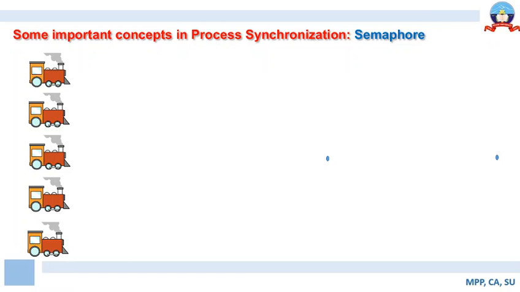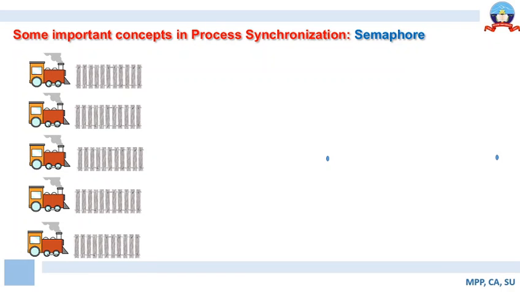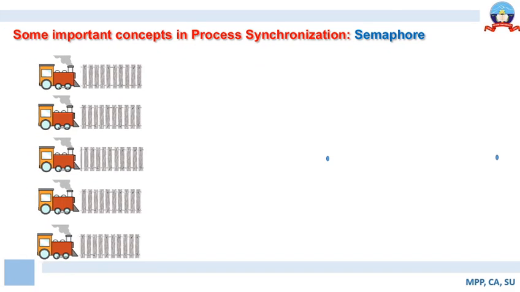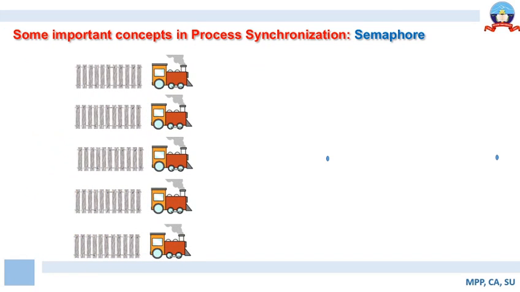So these 5 trains have 5 routes, where each route exclusively belongs to one of the trains. In this scenario, the execution is pretty simple. The 5 trains make use of these 5 routes in order to perform traversal.